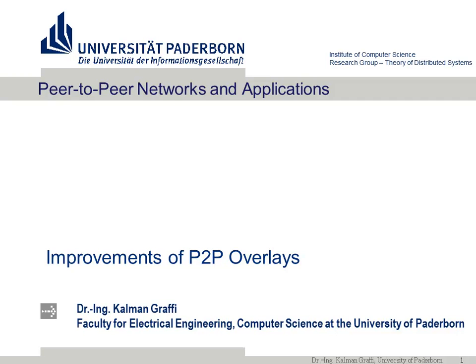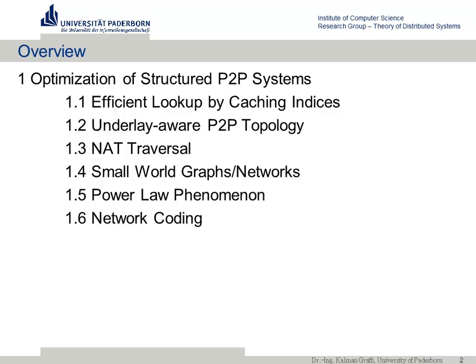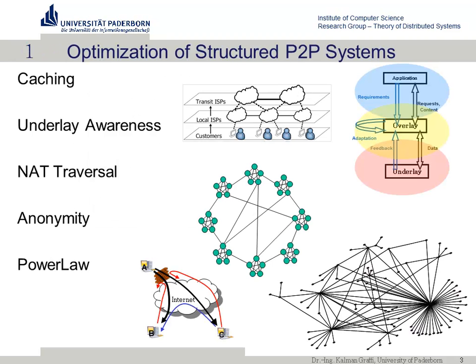Okay, let's have a look at the improvements of peer-to-peer overlays. What we will look at is how caching can be used to improve them. We will look at underlay awareness and what this means.